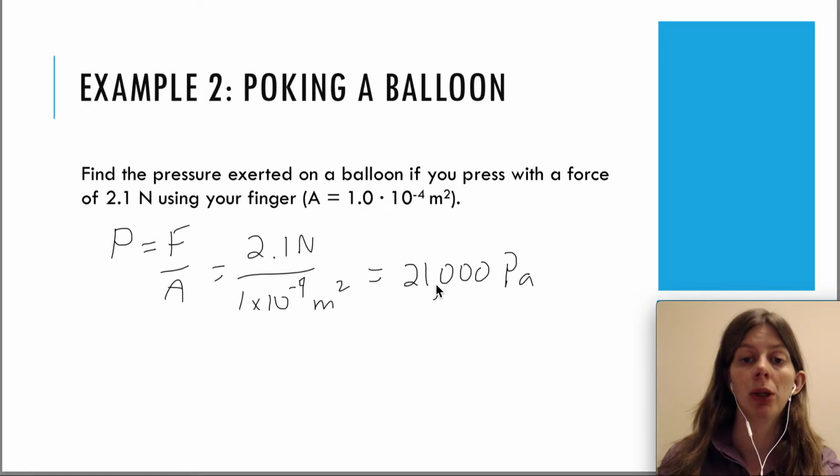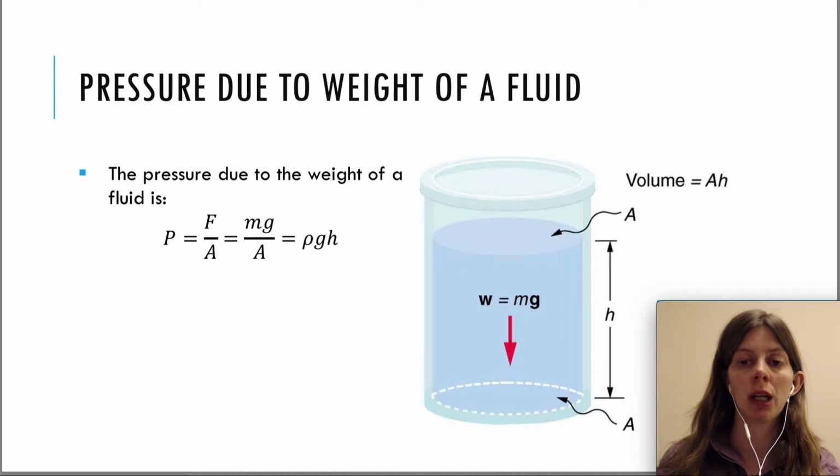It looks like a big number, but we'll learn very soon that this amount of pressure is less than the pressure due to the atmosphere. So all that air that is weighing down on you exerts a lot more pressure on you than your finger on that balloon.